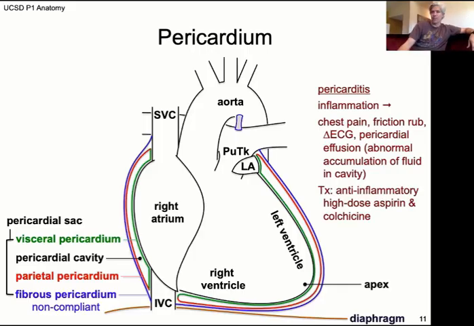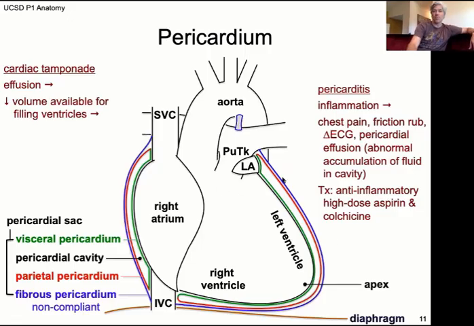You can treat pericarditis with anti-inflammatories. If a whole lot of fluid accumulates, it can actually compromise heart function. You can end up in a situation that's called cardiac tamponade. And cardiac tamponade works like this. You have a severe effusion. The more volume occupied by excess fluid in the pericardial cavity, the less volume there is to fill the ventricles with blood.